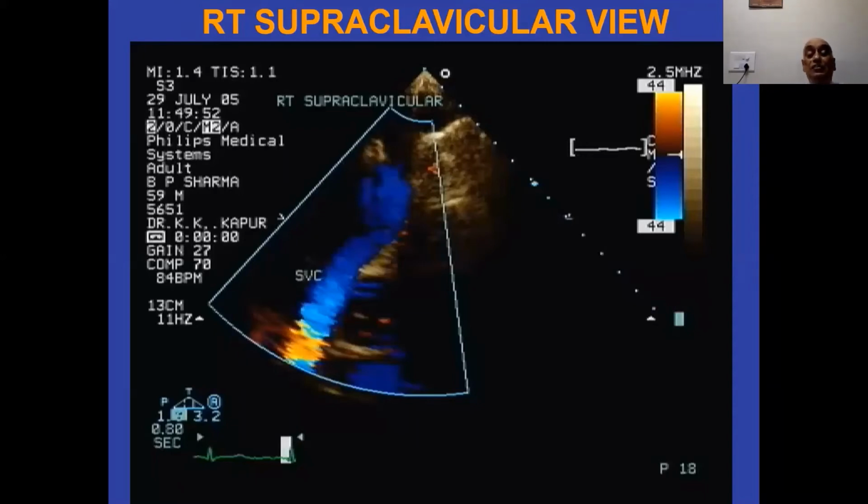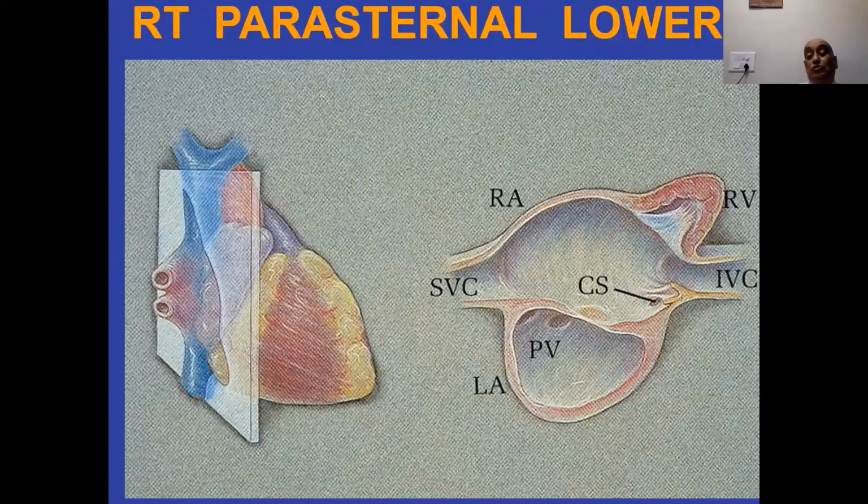After looking at the SVC, we go to the right parasternal position. Now the right parasternal position, you have two views. You have the right parasternal lower position, which is at the 4th to the 5th intercostal space.